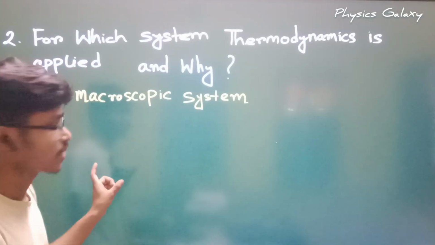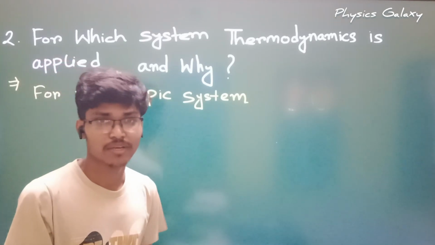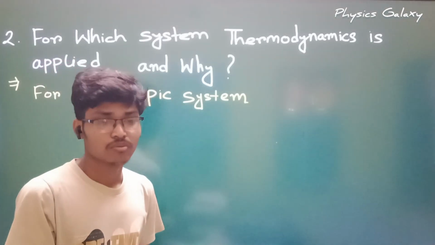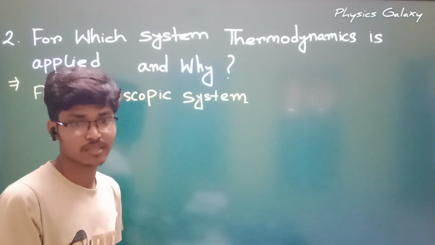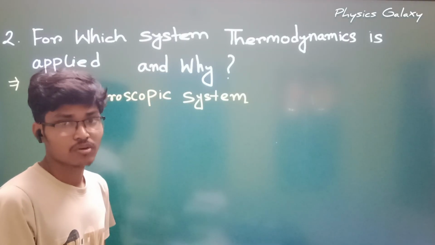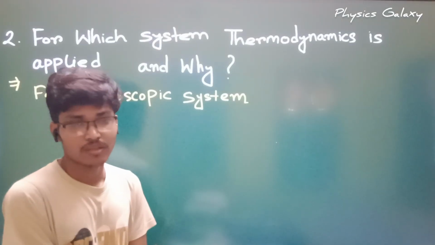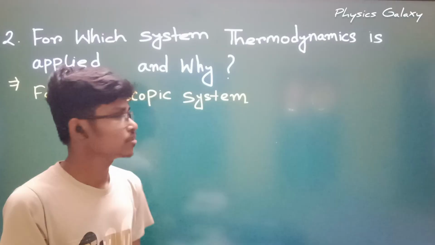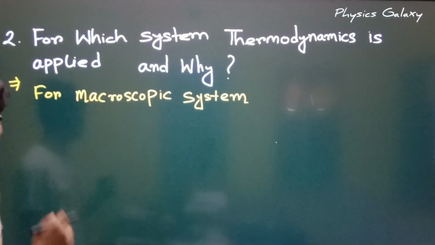These parameters change when we consider a microscopic system, where we have to consider individual atoms, and there is a large number of atoms. But for a macroscopic system, we consider the average behavior of the bulk number of molecules. That's why we use the macroscopic description, not the microscopic one.